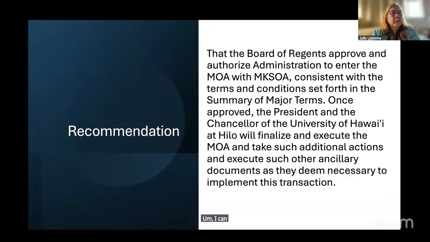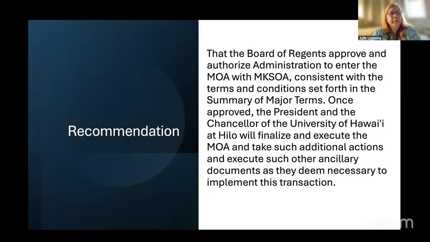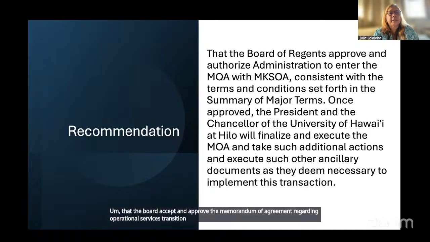I can make a motion that the board accept and approve the memorandum of agreement regarding the operational services transition package, to be forwarded to the Board of Regents for review and potential approval.